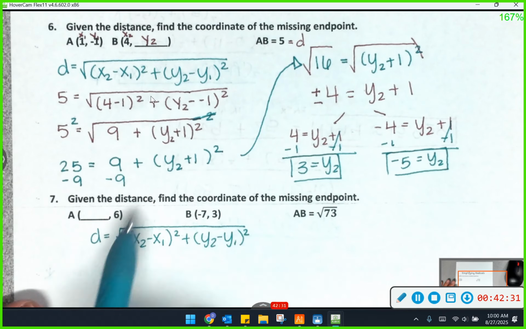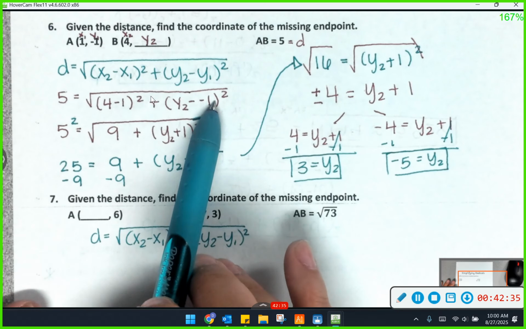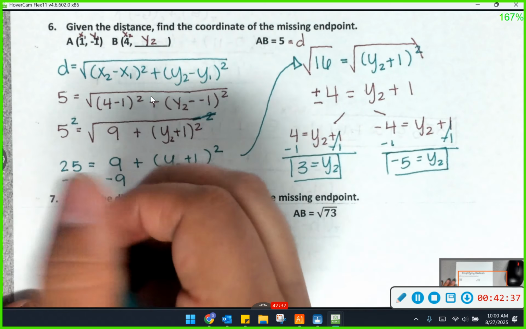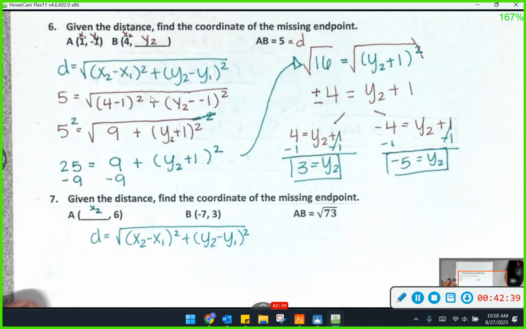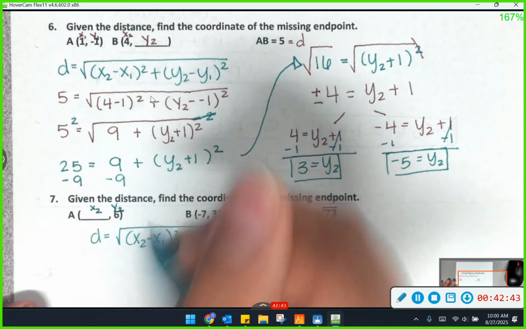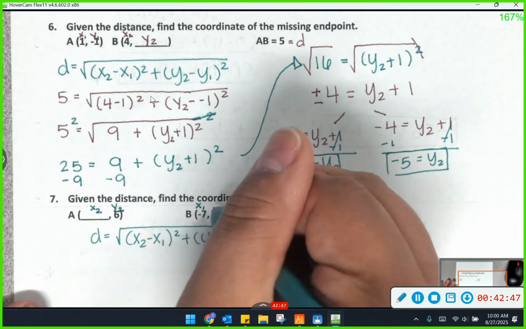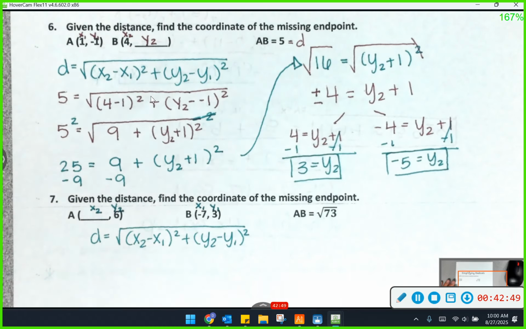If you make this your X1, then it's going to end up being in the back and have a negative with it. So I'm going to make this my X2, and that's going to be my Y2. And this one will be my X1, Y1. So the complete point that you have, I'm always going to make that my first point. Does that make sense?